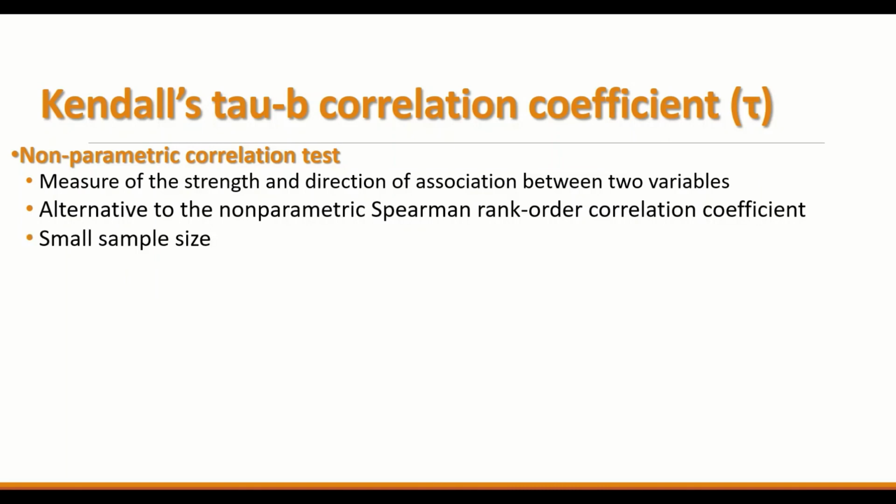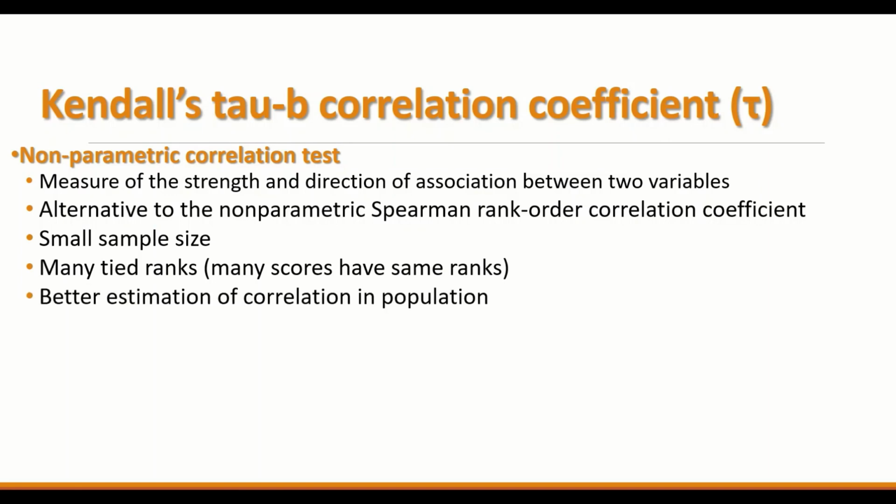It is used when you have a small sample size, or you have many tied ranks, which means many scores have the same ranks. It is used for better estimation of correlation in the population.